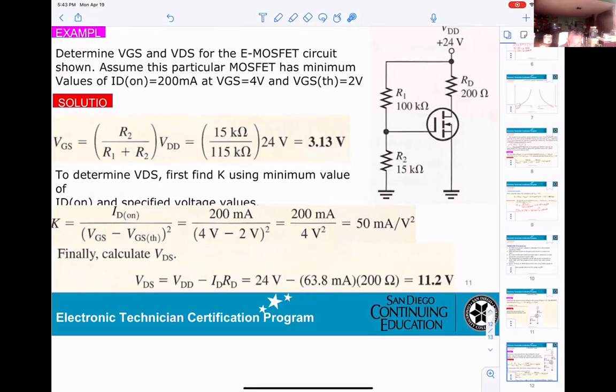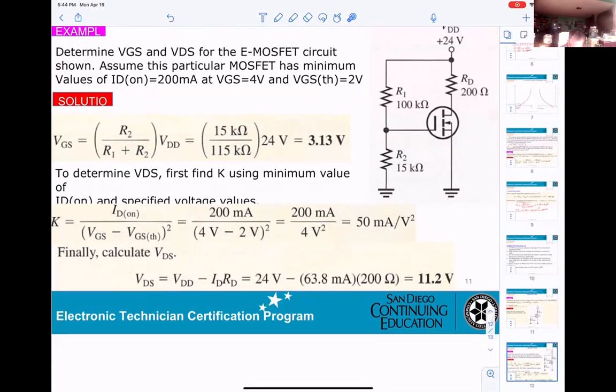We're able to use 63.8 milliamp here times 200. Maybe we calculate K here.